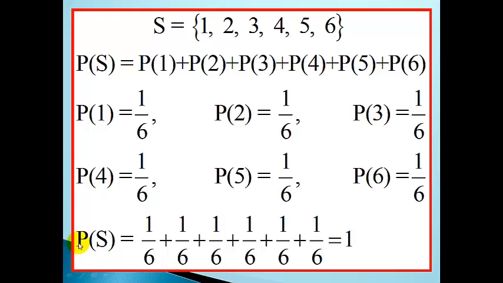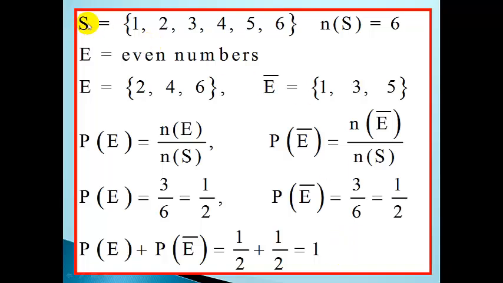So the total, that is the probability of the sample space, will be equal to 1/6 plus 1/6 plus 1/6 plus 1/6 plus 1/6 plus 1/6, and this is equal to 1. So the probability of the sample space is equal to 1. That is the explanation of the law that says that the probability of a sample space is equal to 1.